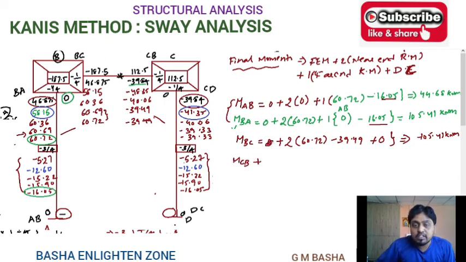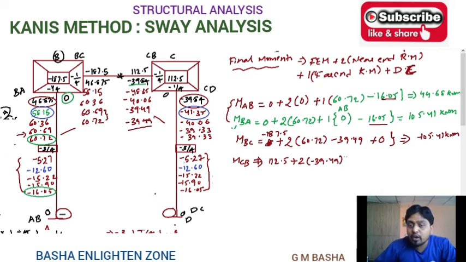Sorry, here the fixed moment for MBC will be equal to minus 187.5. Similarly, the fixed moment for MCB will be equal to 112.5 plus 2 into its near end rotation moment, which is minus 39.49, and plus 1 into its far end rotation moment, which will be 60.72.